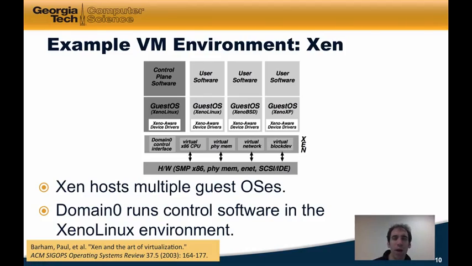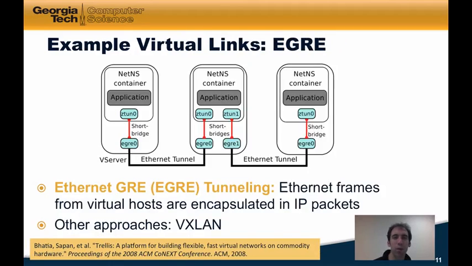We also need a way of constructing virtual links, and there are many possible ways to do that, all essentially based on different types of tunneling technology. One approach is to take Ethernet frames that are generated by virtual nodes and encapsulate those Ethernet frames in IP packets that may travel multiple hops over an IP network.